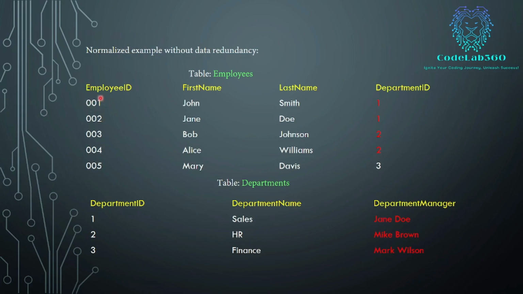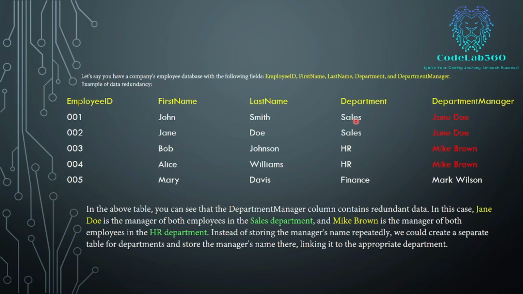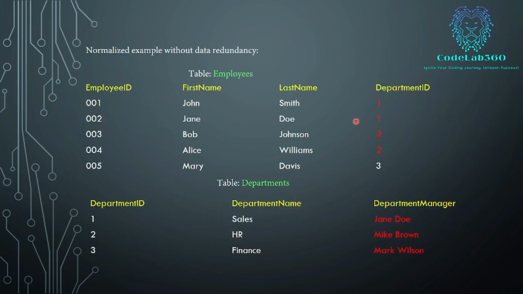The employee ID, first name John, last name Smith, but here the department name is not there. There is a department ID. So this is the new column, the department ID, based on the department name.